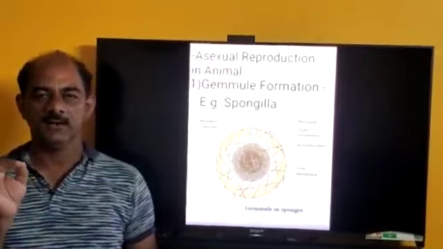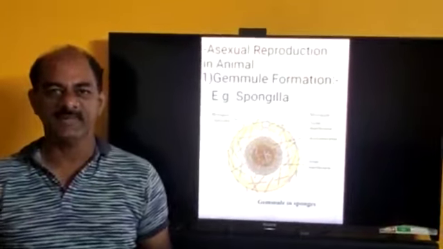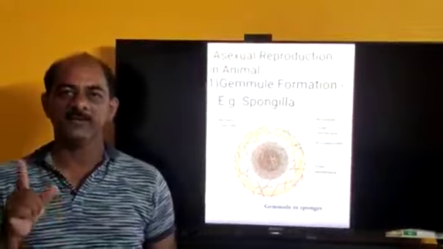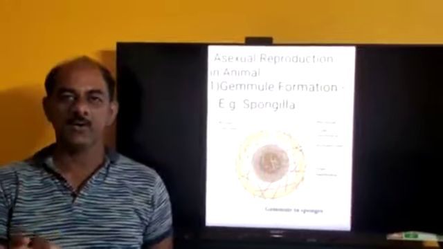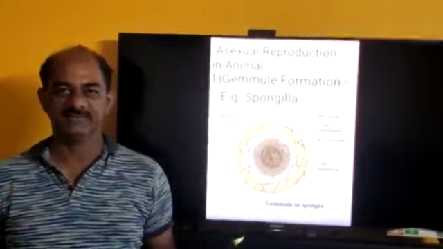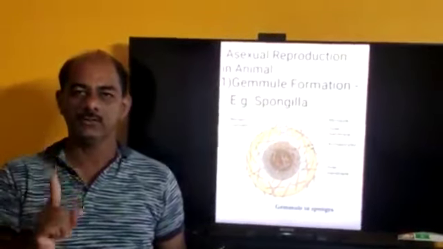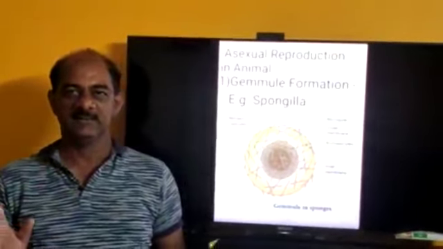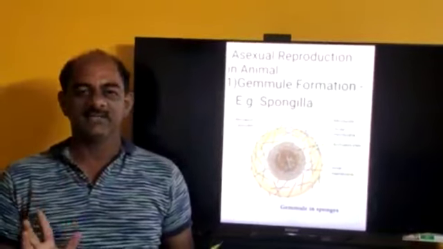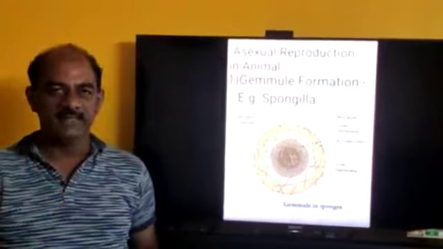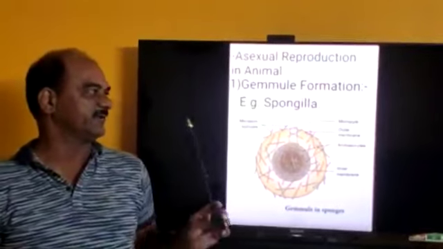Generally, asexual reproduction means that type of reproduction occurs without fusion of gametes. That type of reproduction involves only one parent, and asexual reproduction consists of different methods.